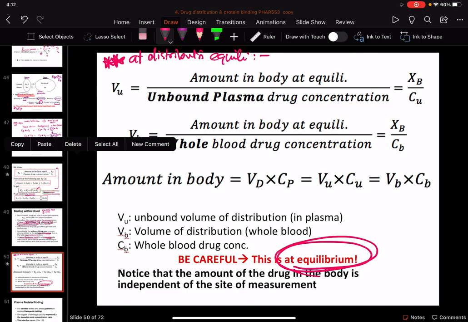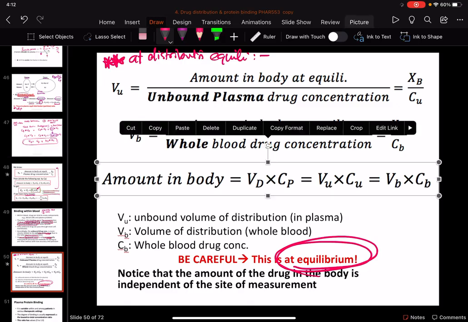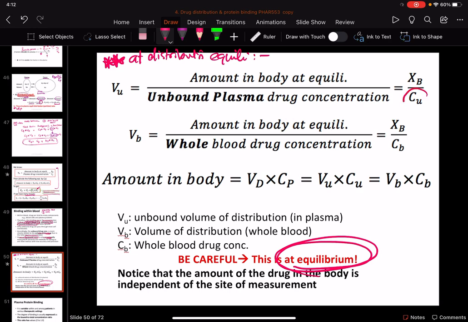So if you measure the concentration of the drug unbound or free in the plasma, okay, the volume that you are measuring is the unbound volume of distribution in the plasma. Okay, and as we are under equilibrium, we can use the amount in the body at equilibrium.